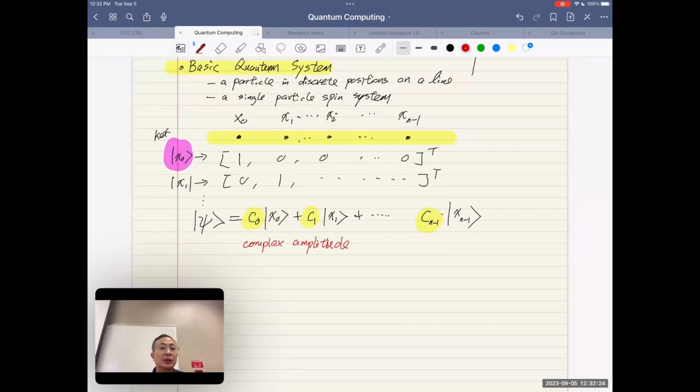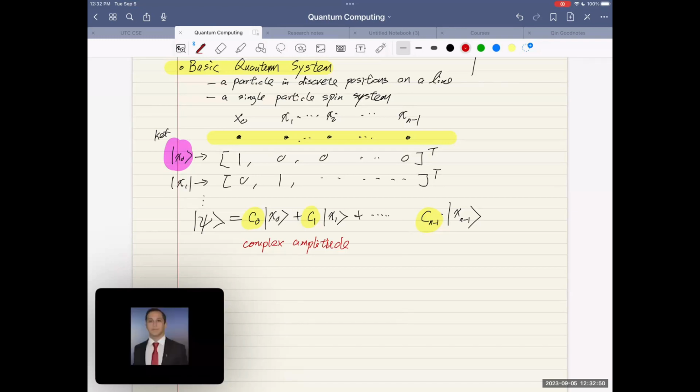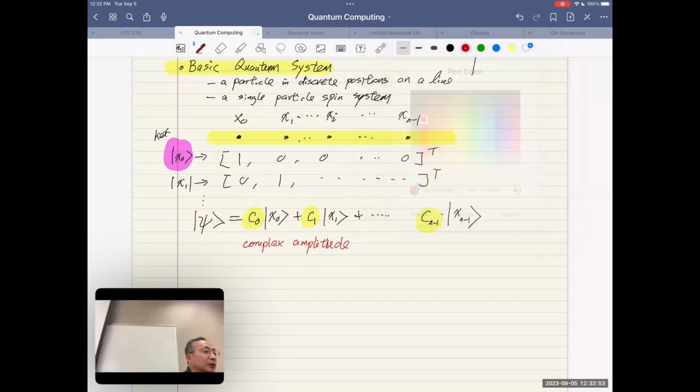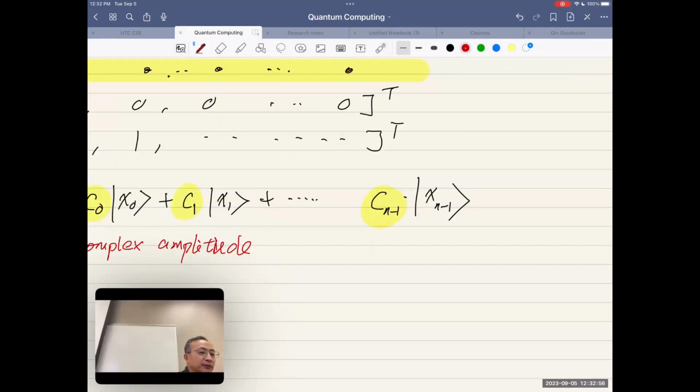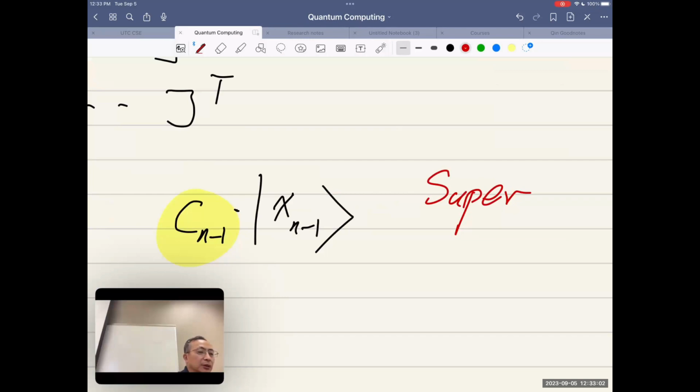What is this called? Can someone put it in the chat window? In this psi function I'm writing, the particle can be in x0, x1, up to xn minus 1, basically n different states. And this is called what? Is it superposition? Excellent. Yes, this is basically superposition.